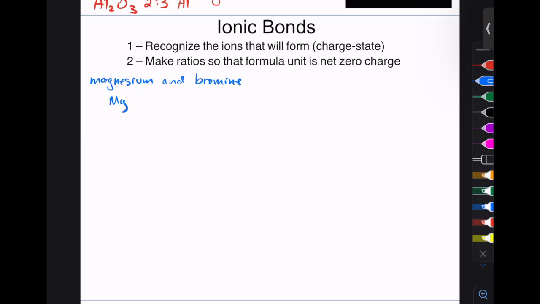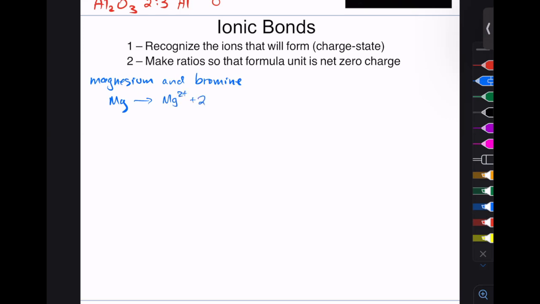Is it going to gain or lose electrons to become isoelectronic with its nearest noble gas? Lose. And how many? It loses 2. What noble gas does it become isoelectronic with when it loses 2 electrons? Neon. Very good. So magnesium, if it can, is going to lose 2 electrons and become the magnesium 2+ cation.